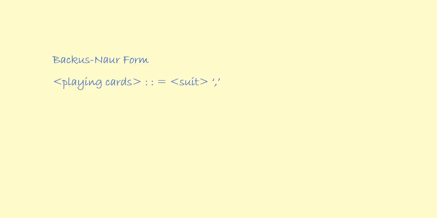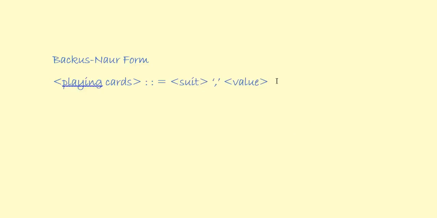So we need a suit and we need a value. So we've defined playing cards at the uppermost level, if you like, as comprising or being defined by a suit and a value. For example, the 4 of spades.